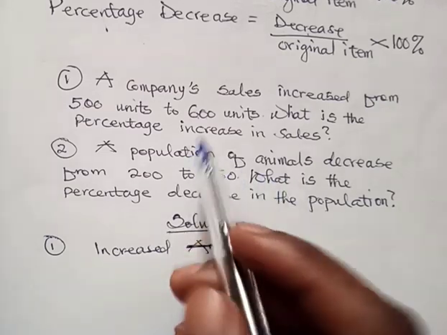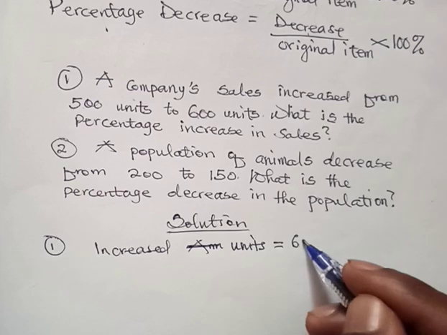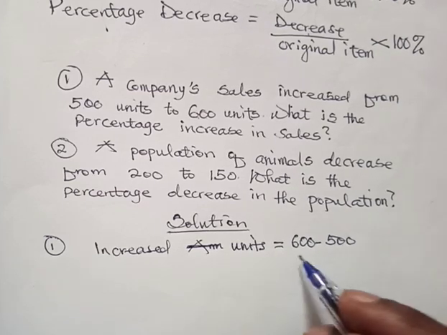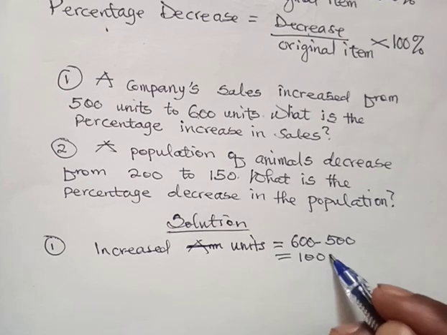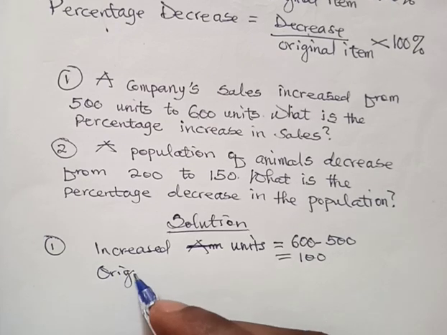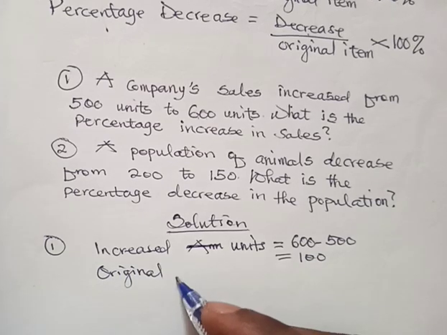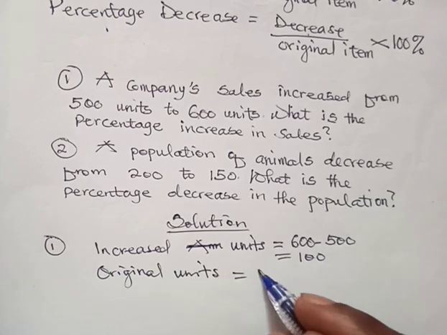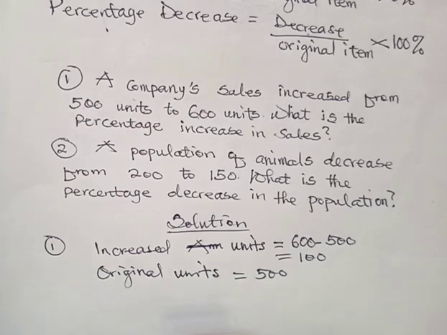Which is equal to, you find the difference, that will be 600 minus 500, which gives me 100. And what is the original unit? The original unit is equal to 500. So you just find the percentage increase.